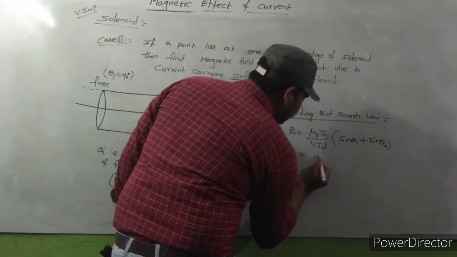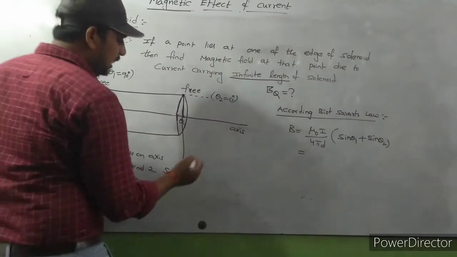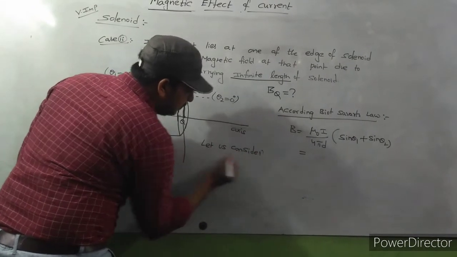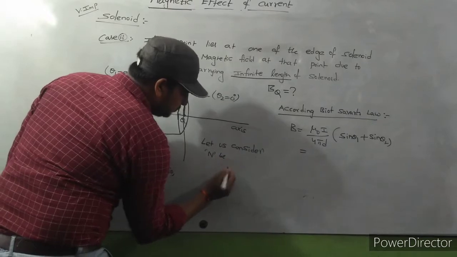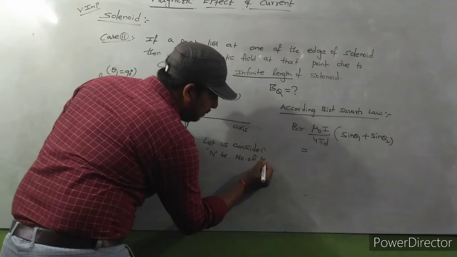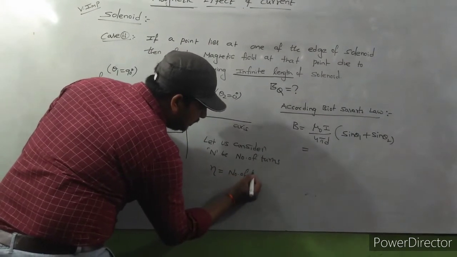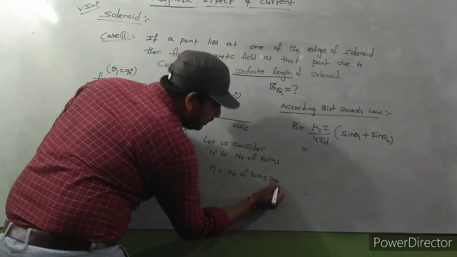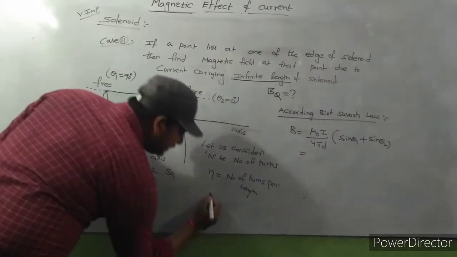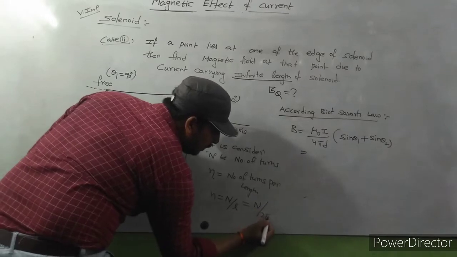So that means mu naught I by 4 pi d. If you consider n number of turns, let capital N be the number of turns. Small n is equal to the number of turns per unit length, that means small n is equal to capital N by L, that is equal to N by 2 pi r.